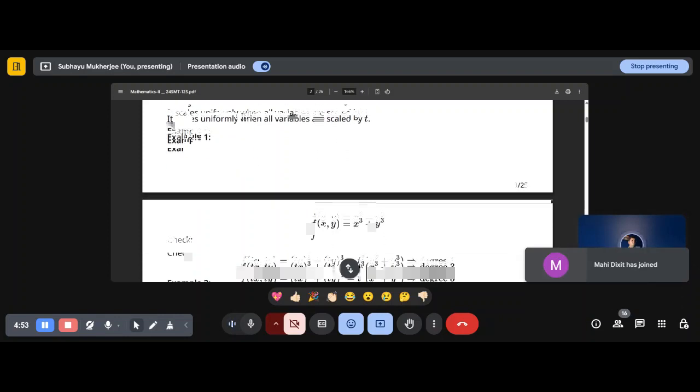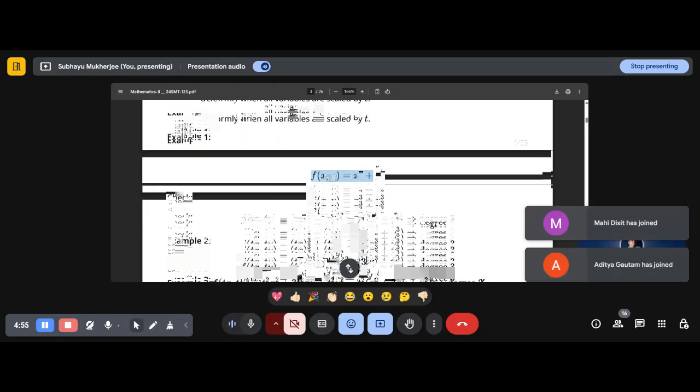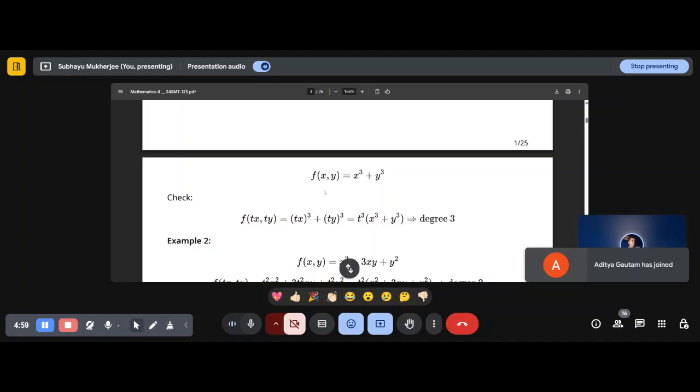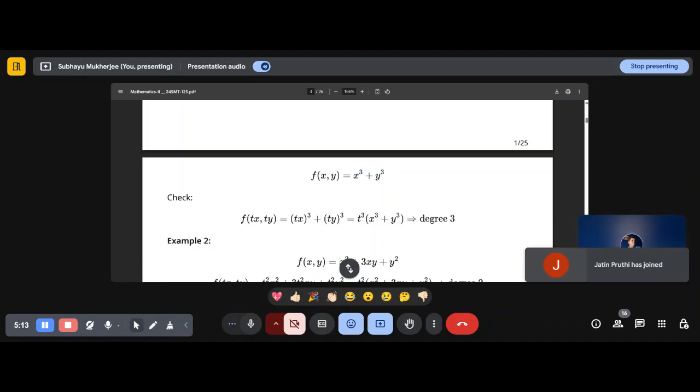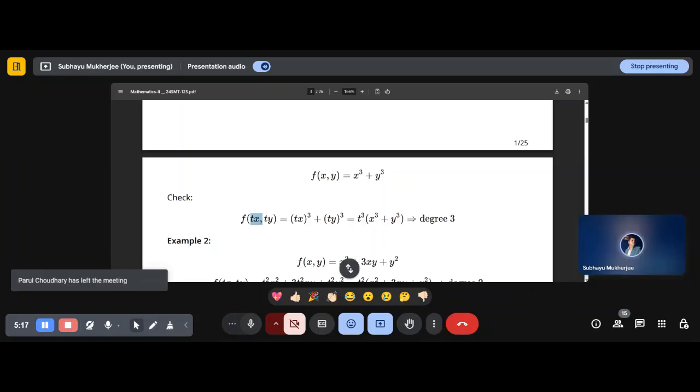In that case, what you need to do is, f of x, y will be expressed in some way. Then, instead of x comma y, you multiply both x and y by a constant, that is t, or a, b, c, anything. Then in this particular equation, on the RHS, you substitute x as tx, that is, here it was x cube and here we have tx cube, and y as ty.